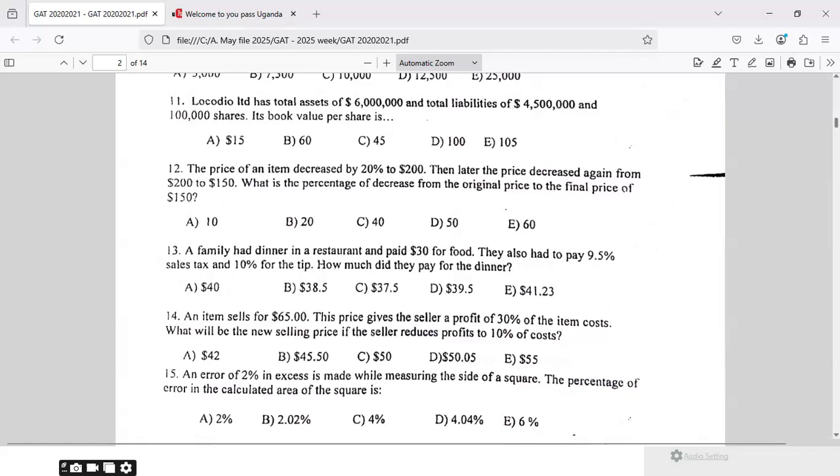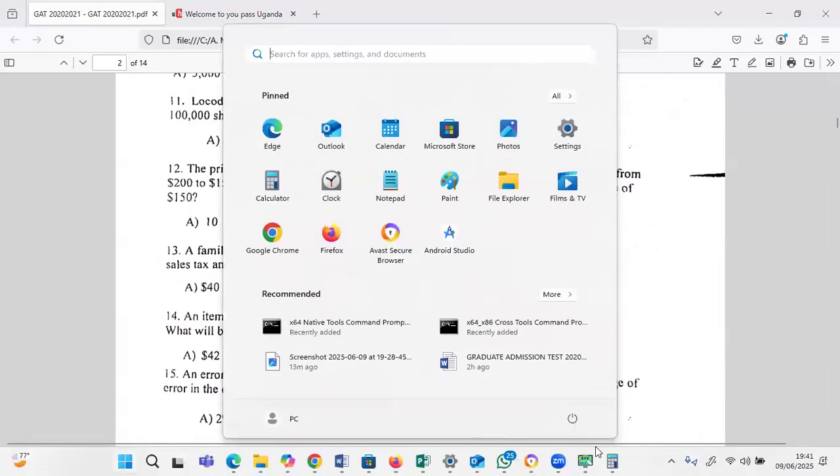They're telling us that the price of an item decreased by 20% to 200. Then later, the price decreased again from 200 to 150. What is the percentage decrease from original to final? It was a bit confusing, but let us manage it.